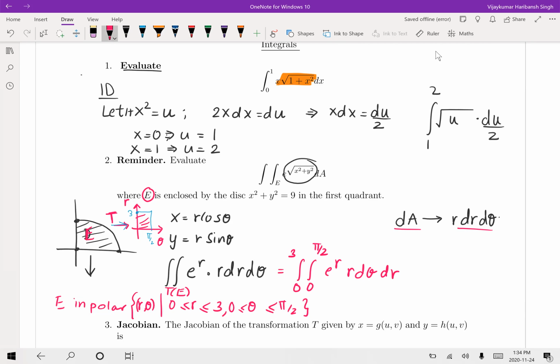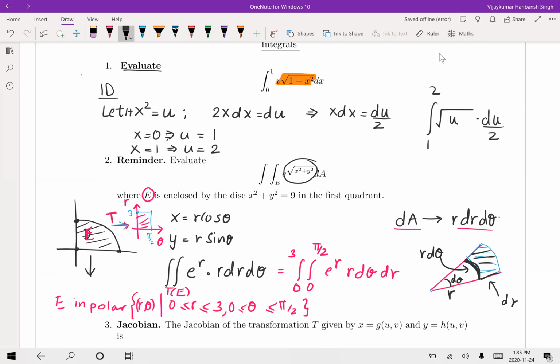Now, why is that the case? When you're looking at a piece of the disk, if this part is your r, and this part is dr, and if this is d theta, then this side is going to be r d theta.